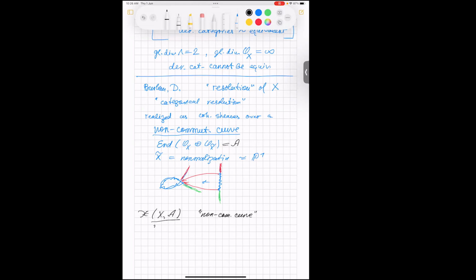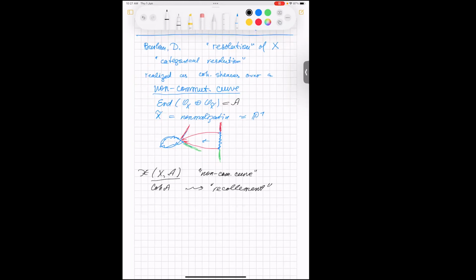And we consider coherent sheaves over A, and there is a so-called recollement, which means the following diagram. We have the natural projection F. It has both left and right adjoints. This is the left adjoint.